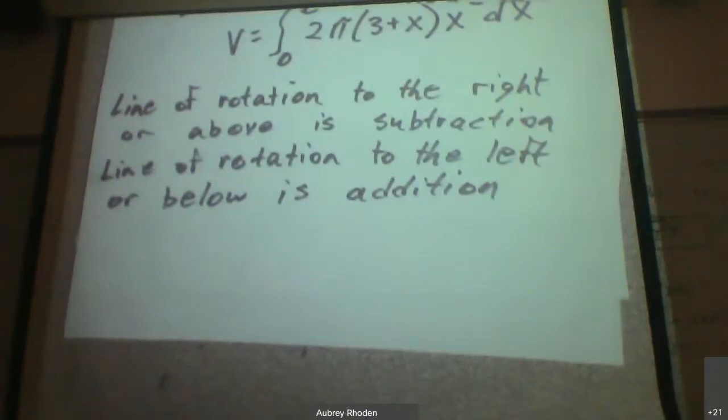Okay, so that's your general rule of thumb when it comes to rotations about lines that is not an axis.